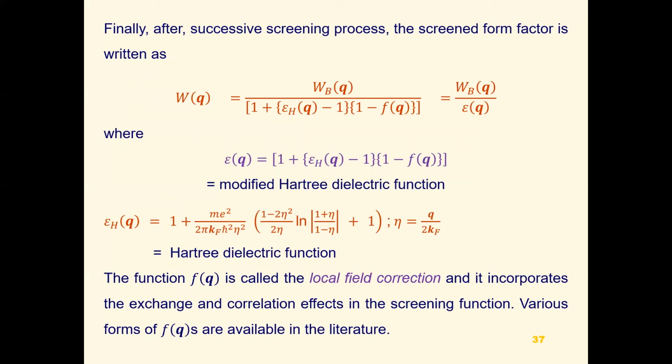Here epsilon_H is the Hartree dielectric function, and F(Q) is called the local field correction function, and it incorporates the exchange and correlation effects in the screening function. Various forms of F(Q) are available in the literature, so you can put different F(Q)s in this equation, and you can get different results according to the different types of F(Q).